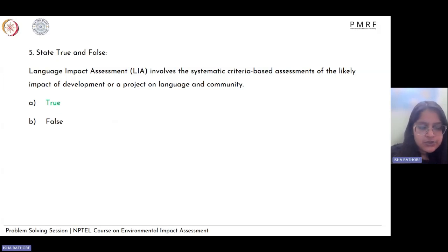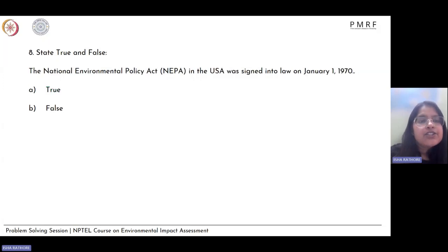So A is the correct answer. Moving on, the National Environment Policy Act, NEPA, in the USA was signed into law on January 1st, 1970. Is the statement true or false? So the statement is true. NEPA was signed as a law on January 1st, 1970 in the US.